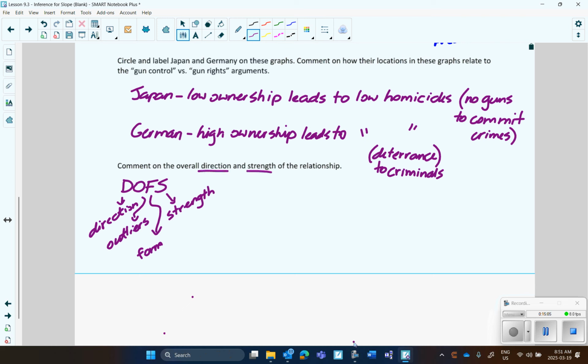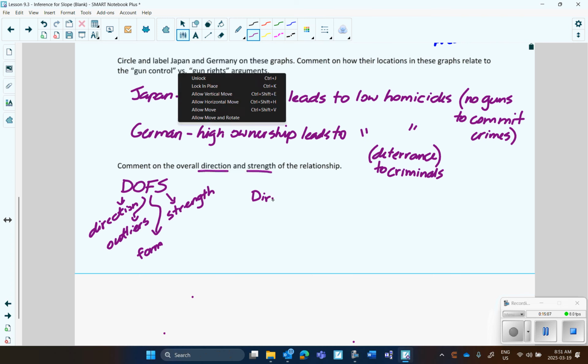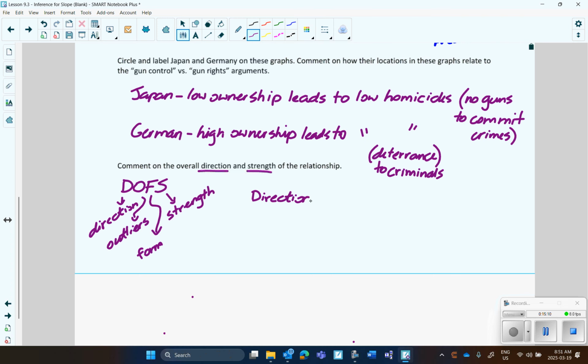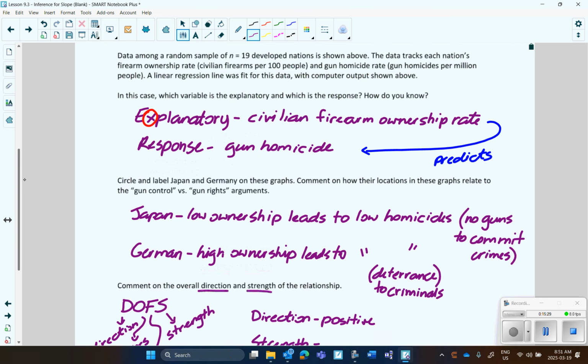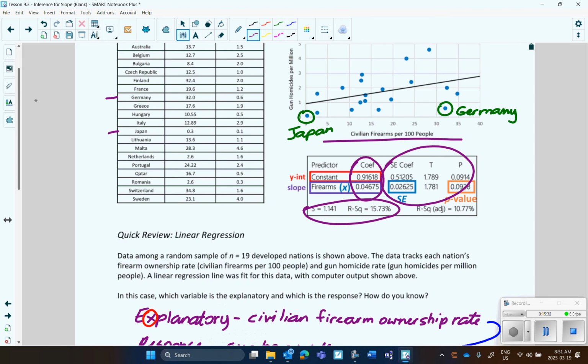What's the direction, positive or negative? Look at the scatter plot. Positive. What's the strength? Remember we said strong, moderate, weak. Moderate? What do you think? Assume we're just looking at this. There seems to be a fair amount of spread around that regression line.